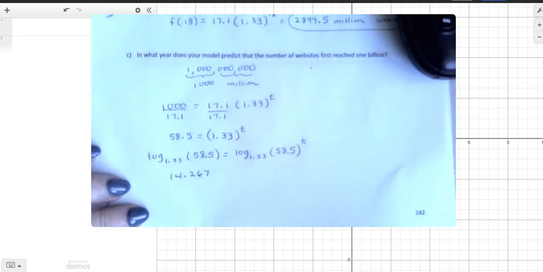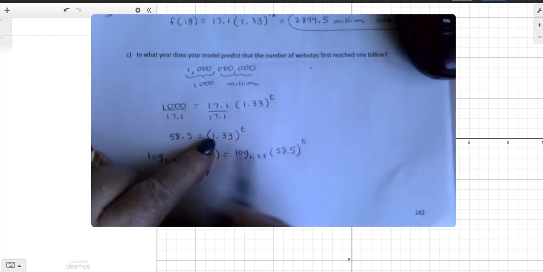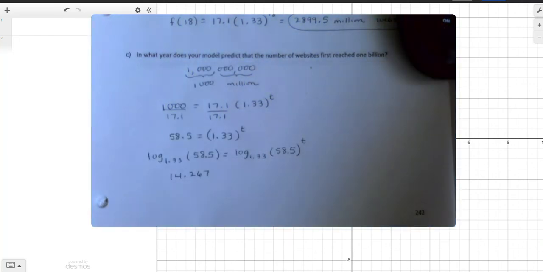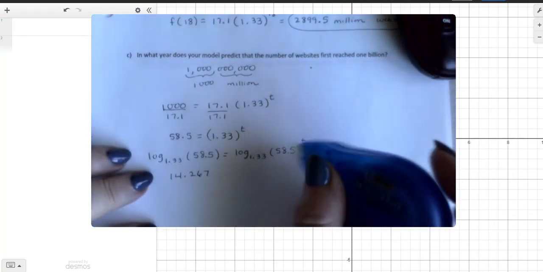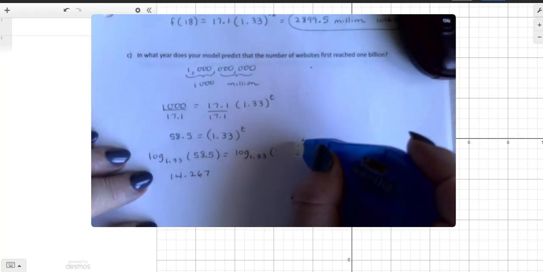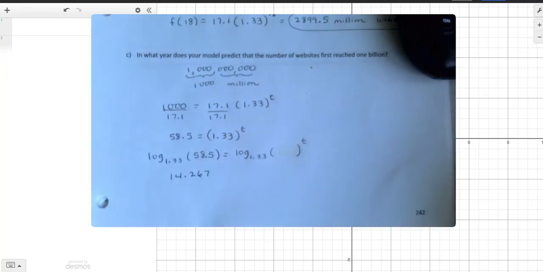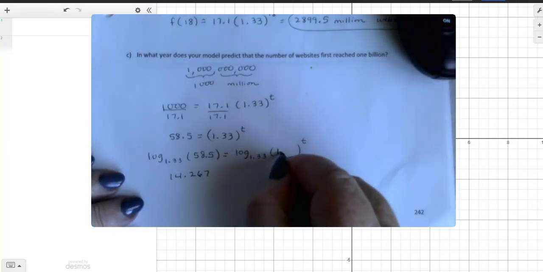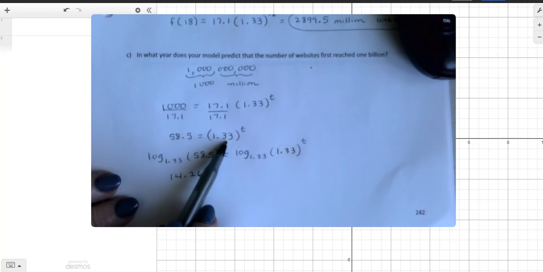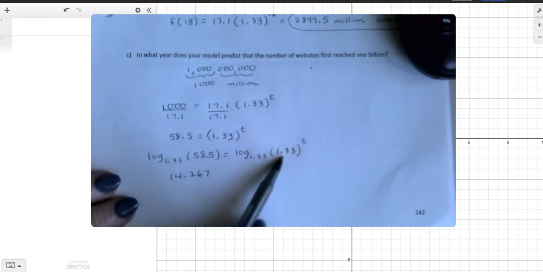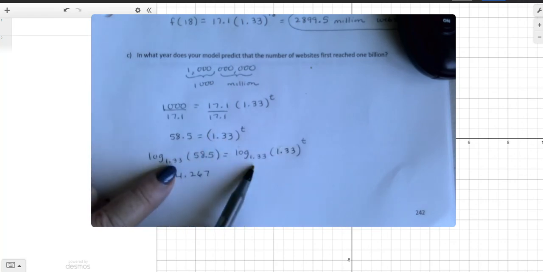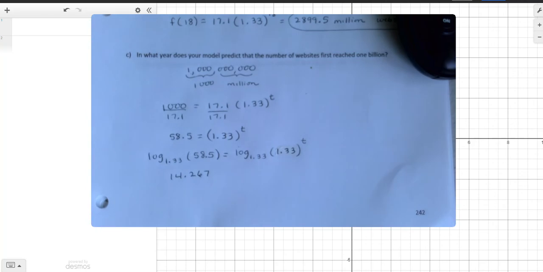Goodness, I'm so sorry. When I copied here, I copied badly. That was 1.33, not 58.5. There we go. So I just brought that 1.33 to the t down, and then we took the log base 1.33 on both sides.